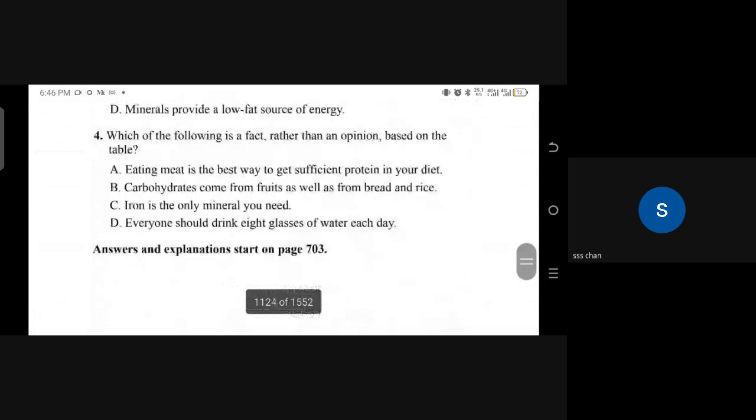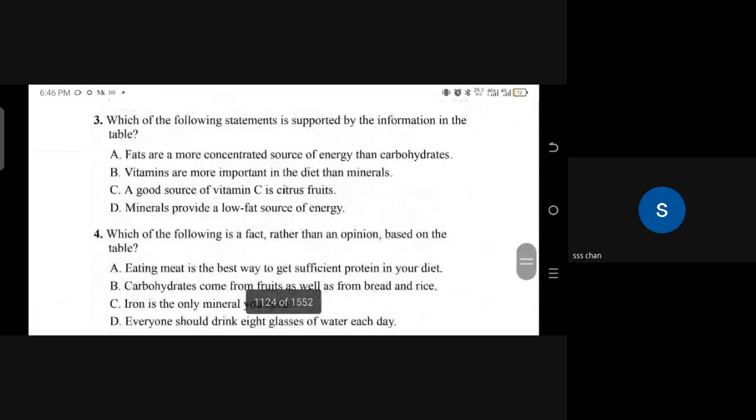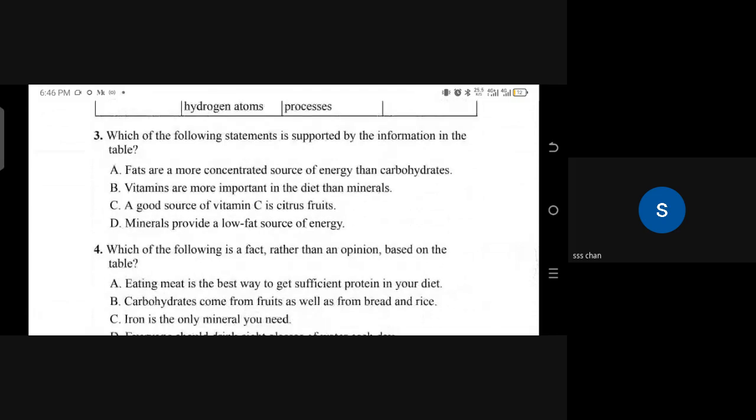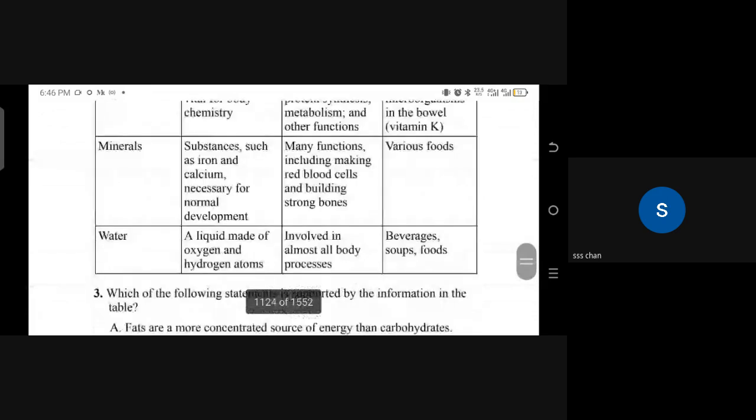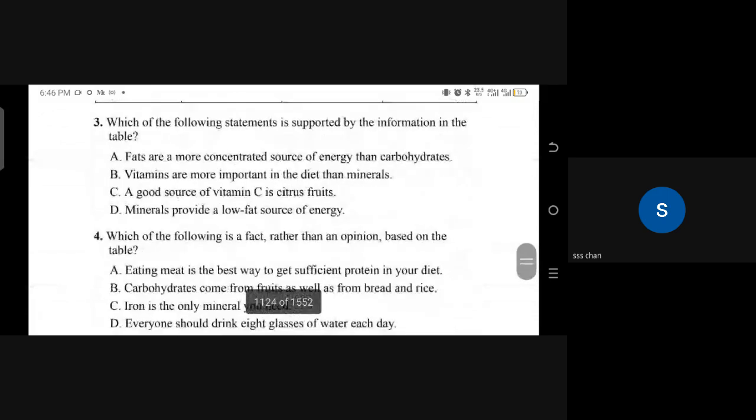Now, is it a fact that eating meat is the best way to get sufficient protein? Okay, let's look at option B. Of the options here, iron is the only mineral you need. No, that's not true. That is an opinion. Everyone should drink 8 glasses of water in a day. That is also an opinion.